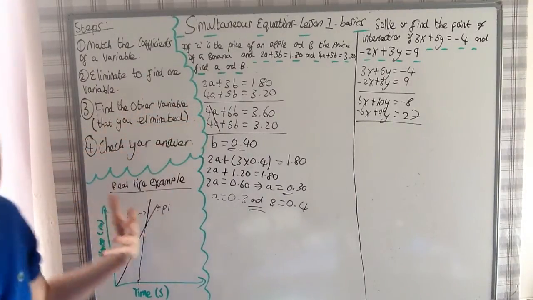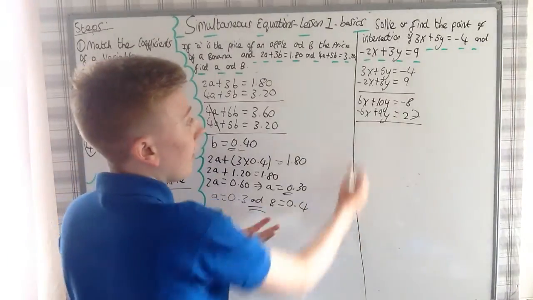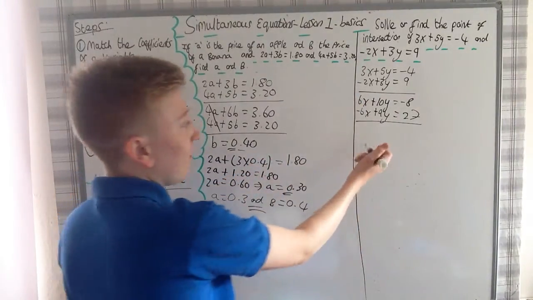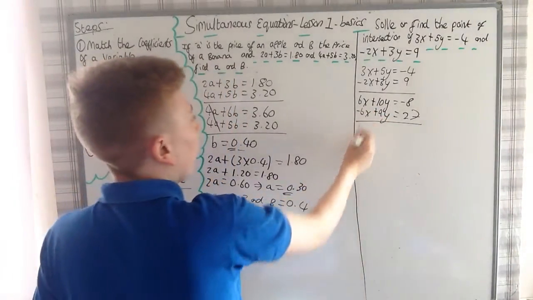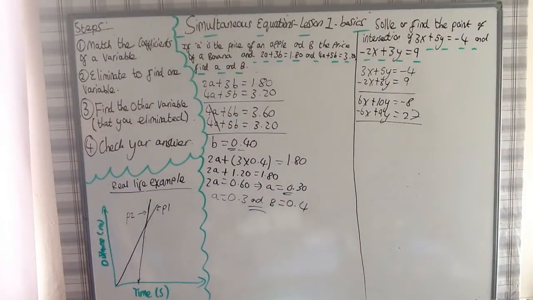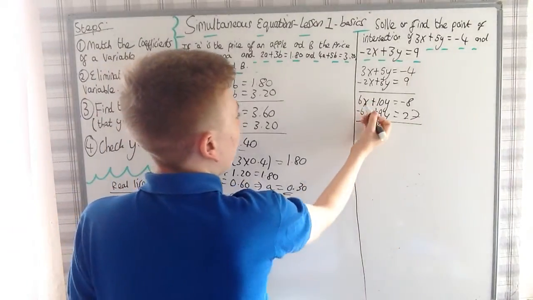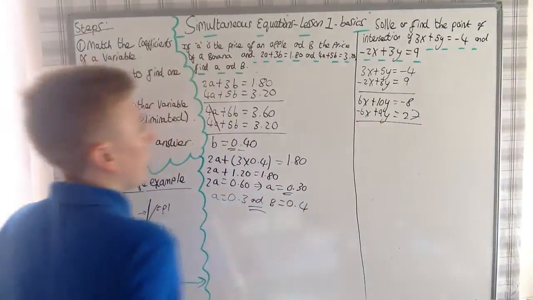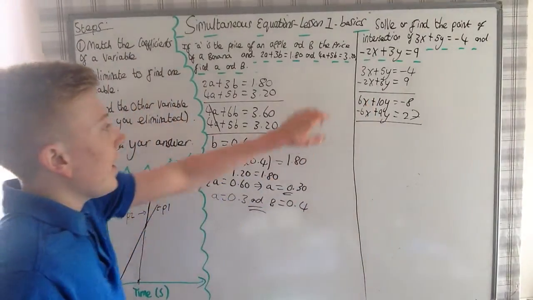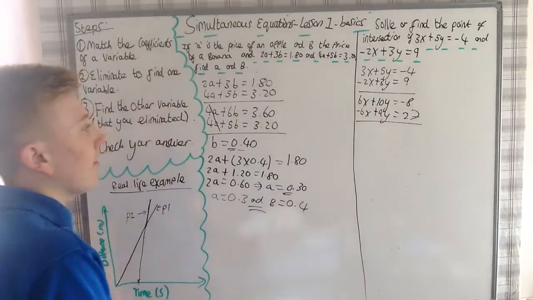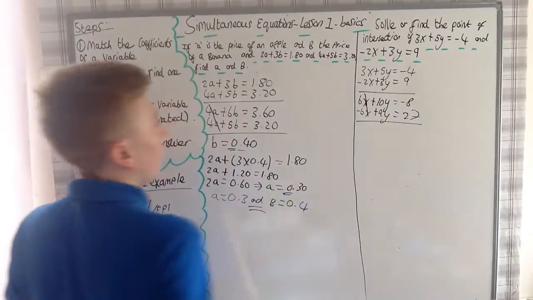So we subtracted one from the other to get 0. However, here, because we've got a positive and a negative, we can actually add these together. 6x plus minus 6x is 0x. Okay? So if we subtracted them, if we did 6 minus minus 6, we'd get 12. That wouldn't eliminate. So we have to add them in this case. If we add minus 6 to 6, we get 0. So they will cancel if we add them together.